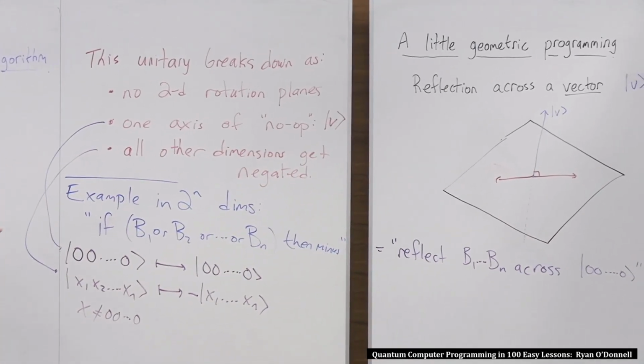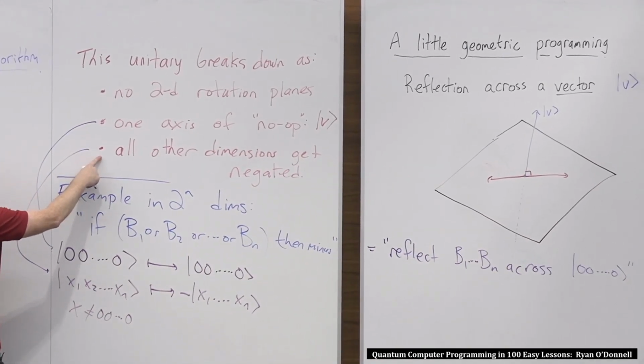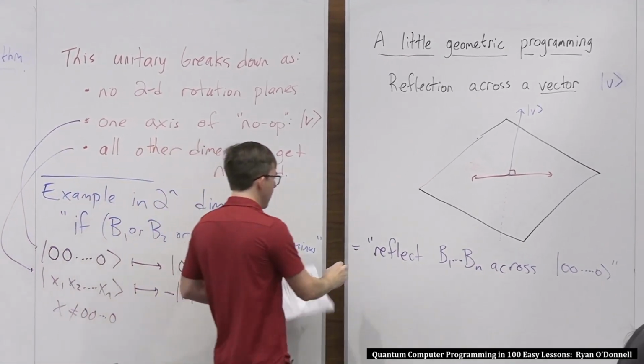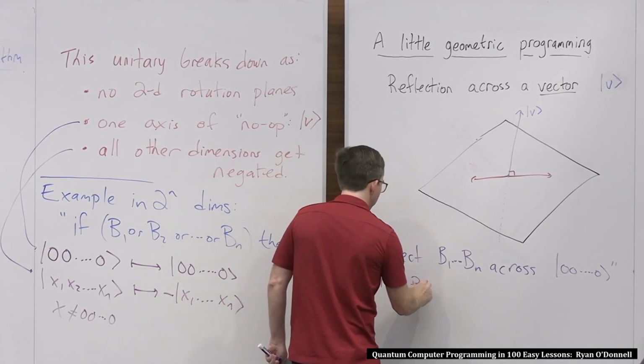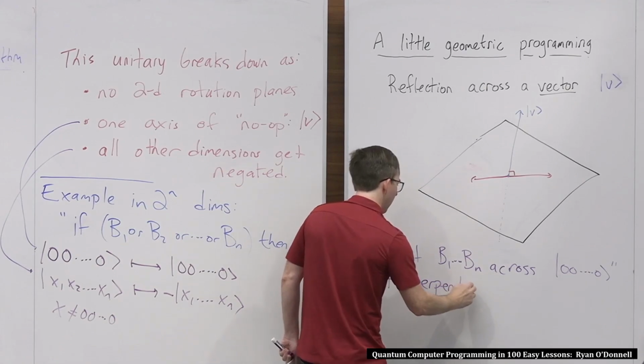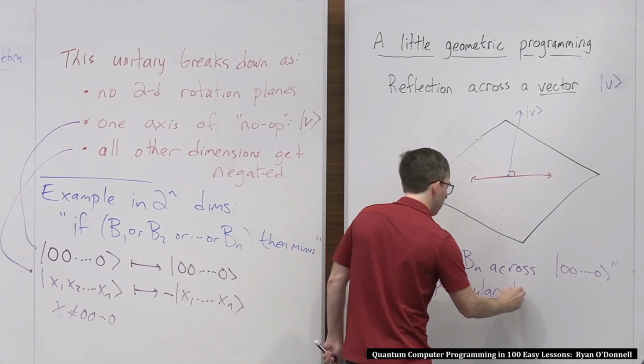Or, as I said before, you could maybe equally well describe it in words using this as your way of thinking about it. So you could also say this is, if perpendicular to all zeros, then minus.